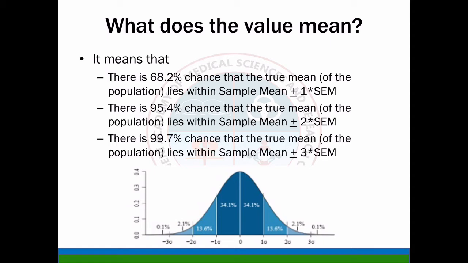Similarly, there is a 99.7% chance the true mean of the population lies within the sample mean plus or minus 3 times the standard error of mean.